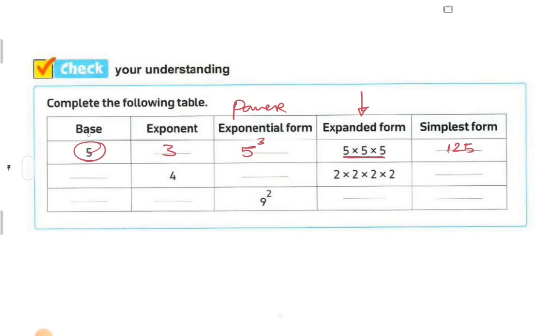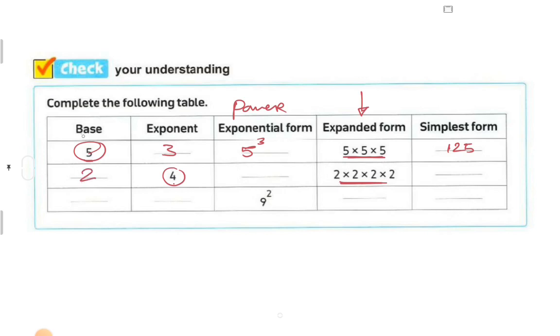Next, the base is blank. The exponent or the power is 4. So 4 is the power. We also have the expanded form, 2 by 2 by 2 by 2. How many times here? We have 4 times. Yes, the exponent is 4. But what is the base? The base is 2.